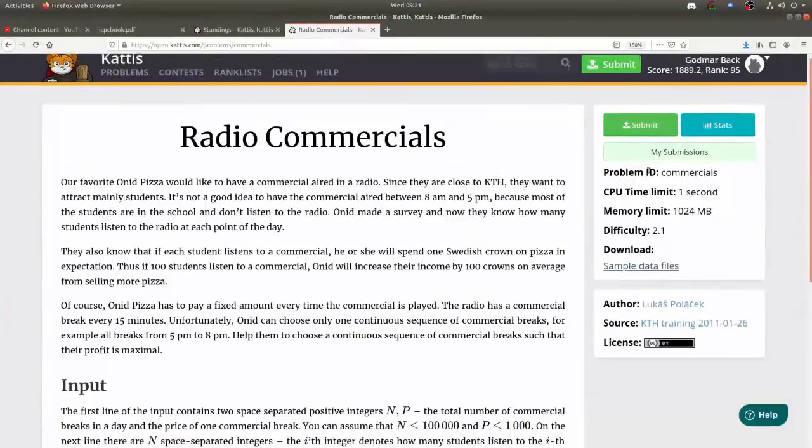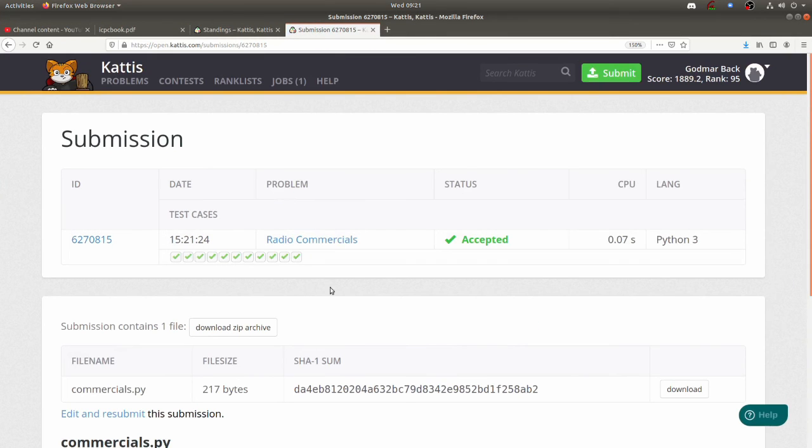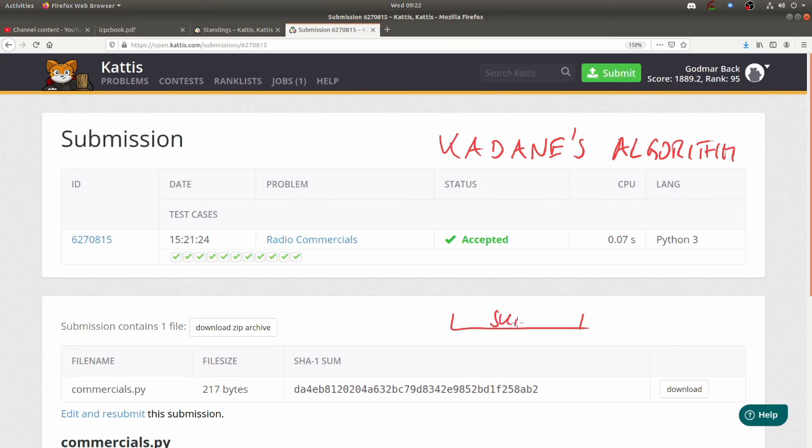And let's see if we can submit this. And we see that it was accepted. So again, this is referred to as Kadane's algorithm, and it is a nice little idea that allows you to find the optimal sum of a subarray with positive and negative numbers, and the complexity of this is O of n.